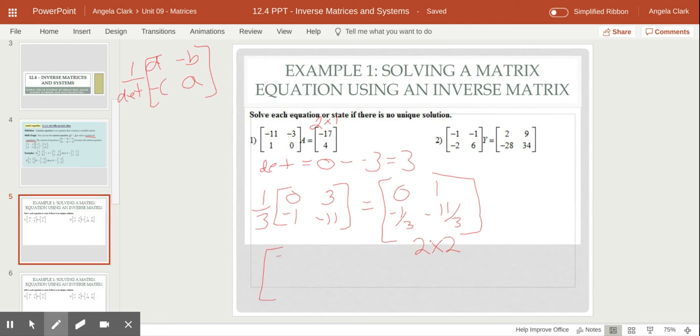So I have inverse times constant matrix. Sorry, I keep calling it answer matrix. That's not accurate. It's the constant matrix.